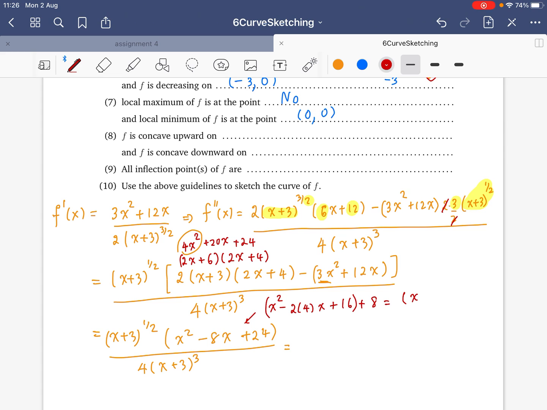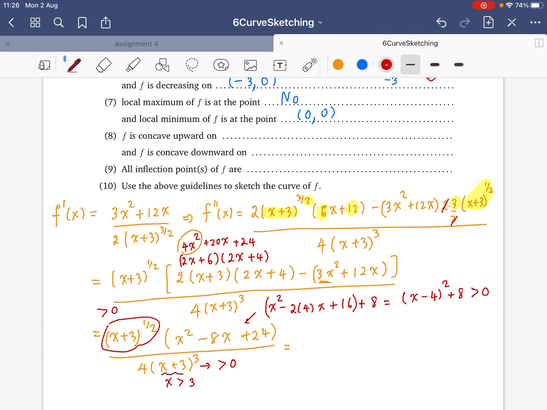Or you can say that it is x minus 4 squared plus 8. So it means that this one is always positive, strictly positive. And a square root must be positive, and because your x is greater than -3, this value x plus 3 is also strictly positive.